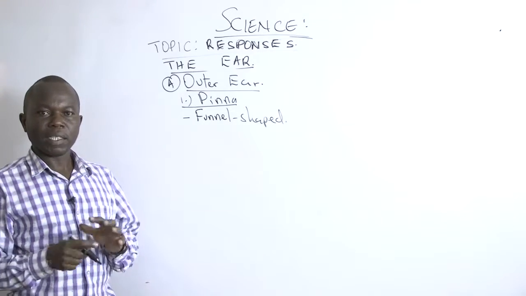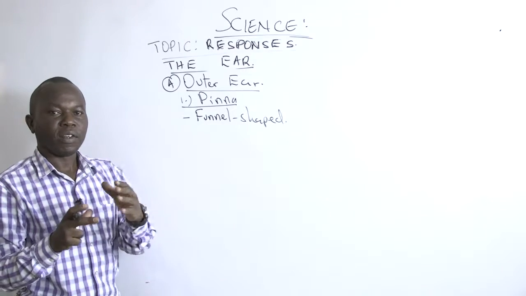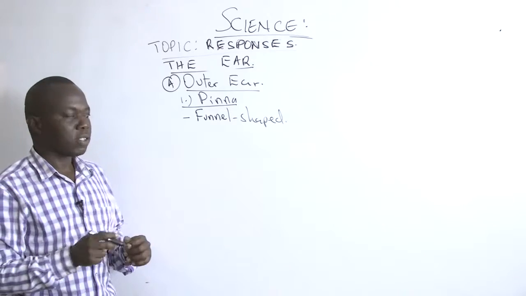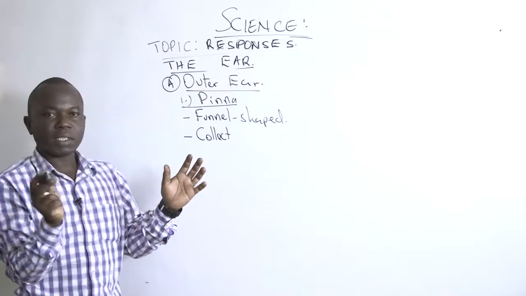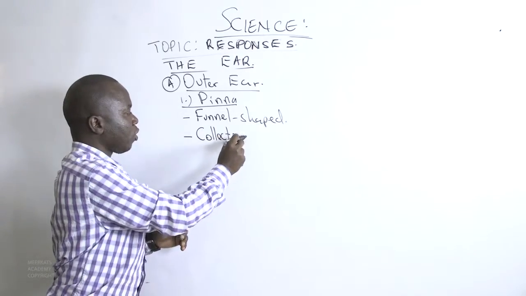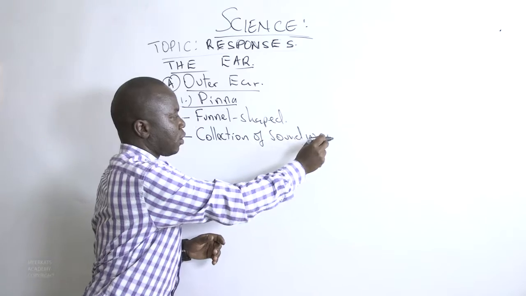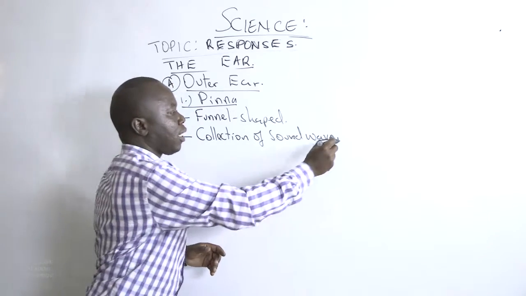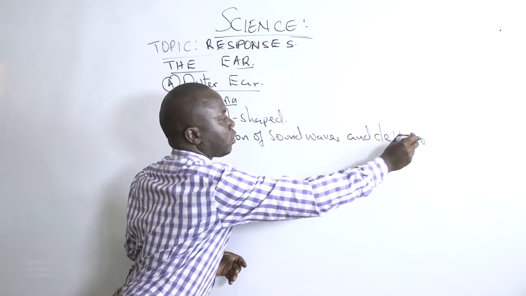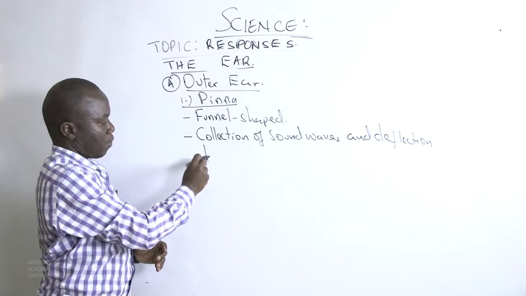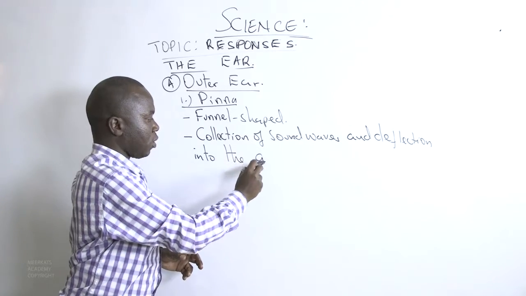Why should it be funnel shaped? So that it can collect sound waves and then deflect them into the auditory canal. It is funnel shaped so that it increases the surface area for collection of sound waves.